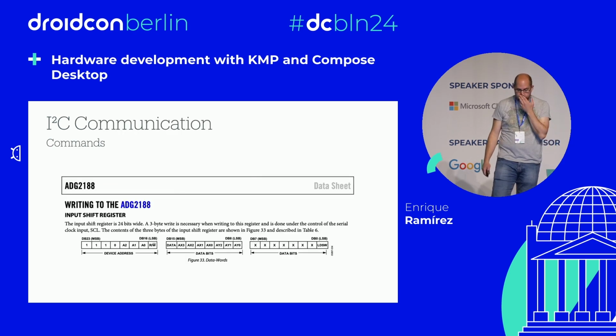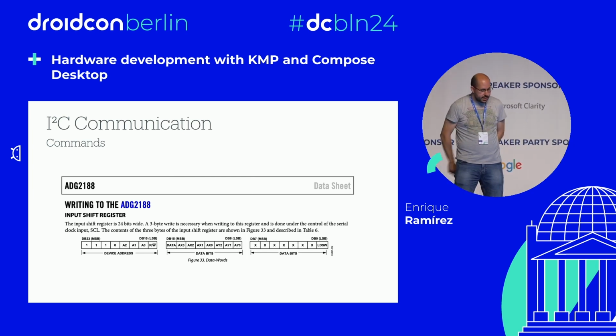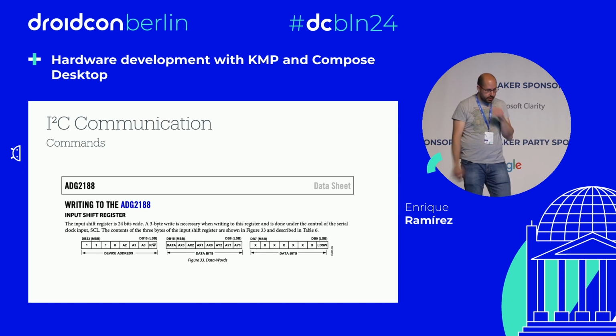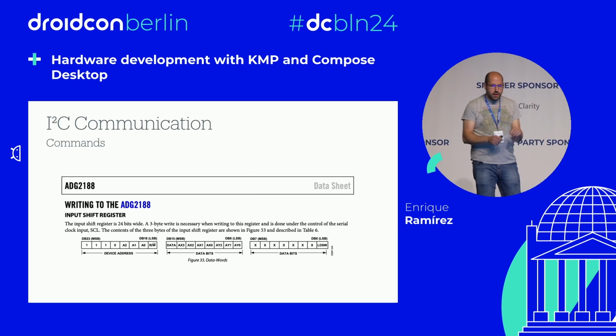And if we keep going to the documentation, we still need to talk to this thing. And we see that every time you want to do changes on this, you need to write 3 bytes. So one is the address of the device, which the library deals with. There's a fixed part on this byte, and there's 3 variable ones that you can actually control by hardware.